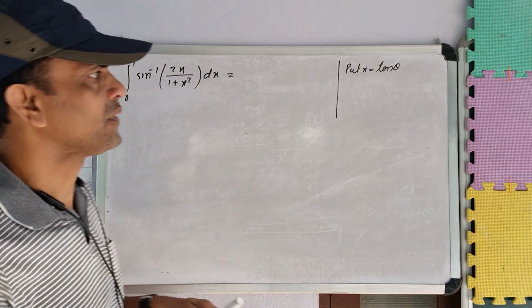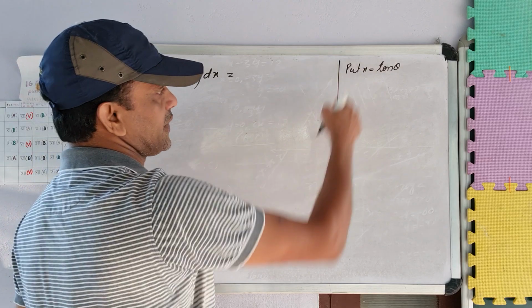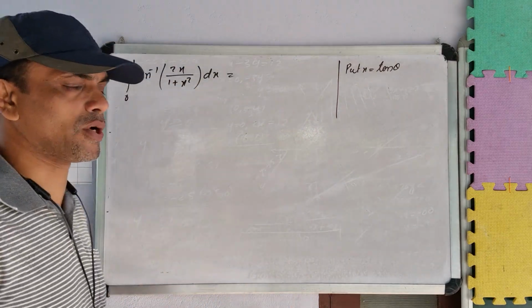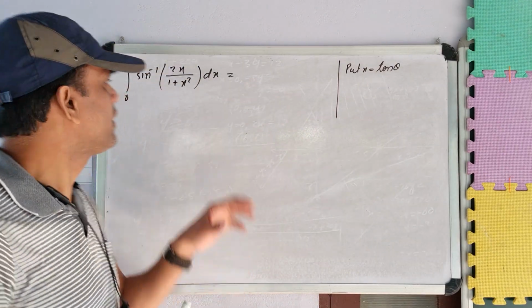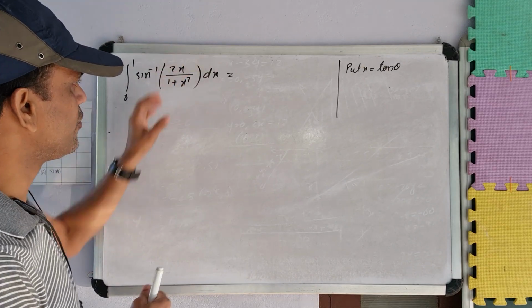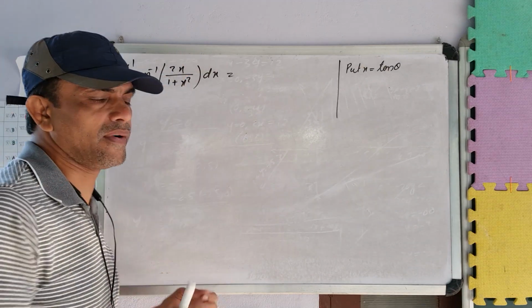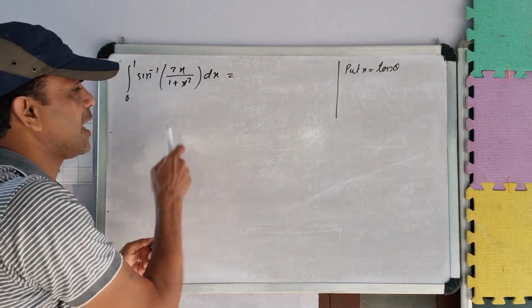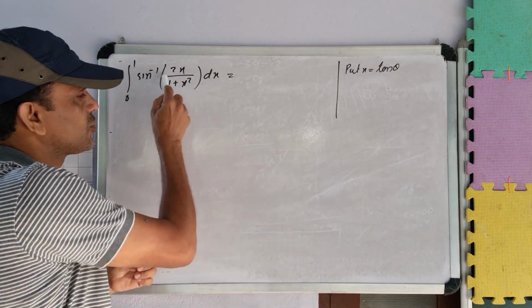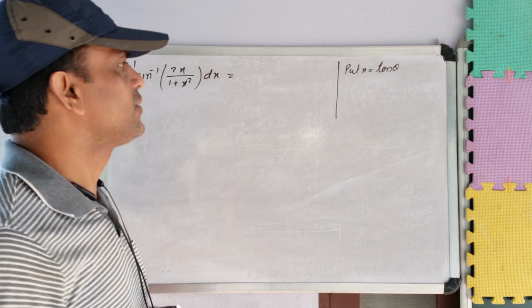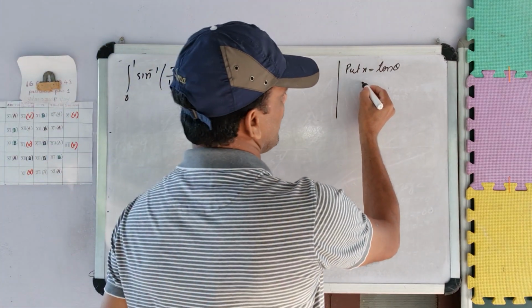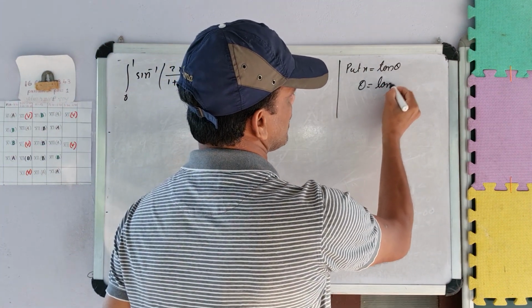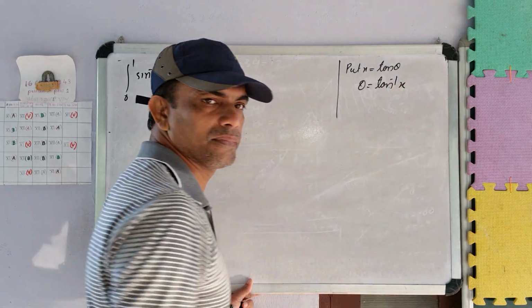So we are doing simplification here, and I told you a shortcut to write the simplest form. Sometimes you have to substitute and make sine here and apply the property sine inverse sine x equals x. So put x equal tan theta, and then theta equals tan inverse of x.